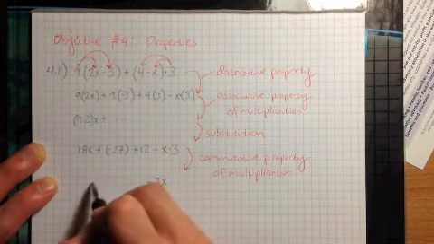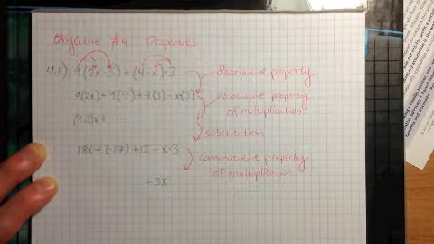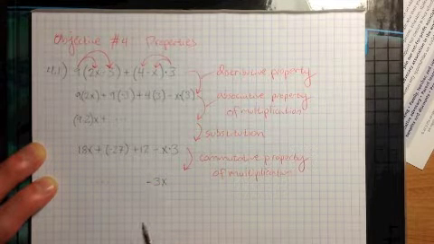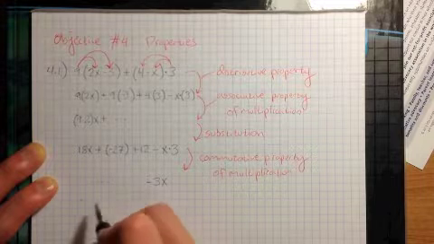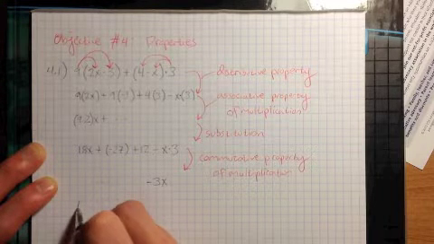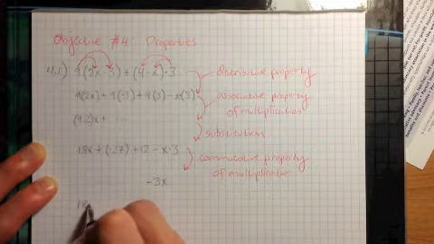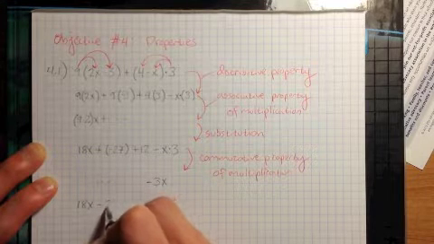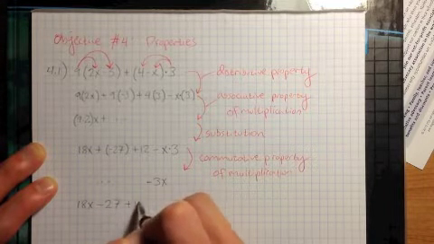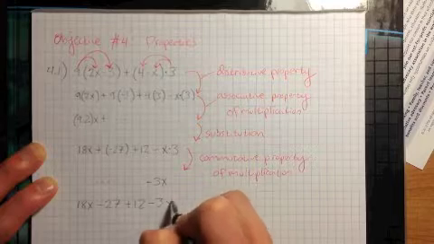Dot, dot, dot. Now, let's see. What's the next step going to be? 18x minus 27 plus 12 minus 3x.